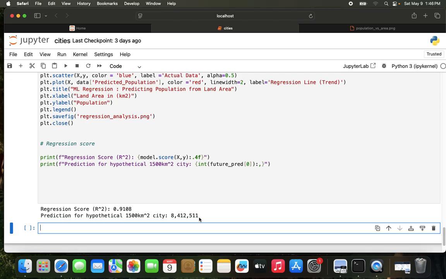So for that new development satellite city that we talked about, which is our hypothetical city, where we apportioned 1,500 kilometers squared, our model estimates that the city would eventually support a population of approximately 8,412,511.